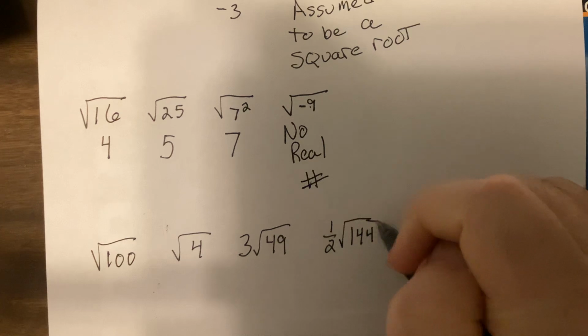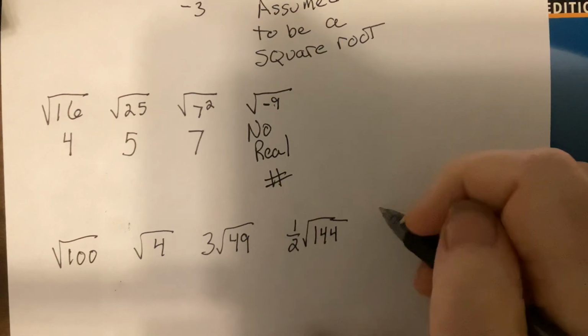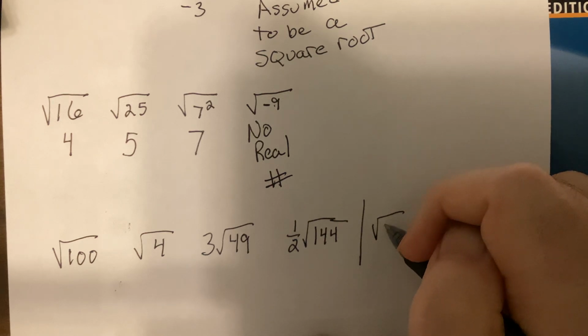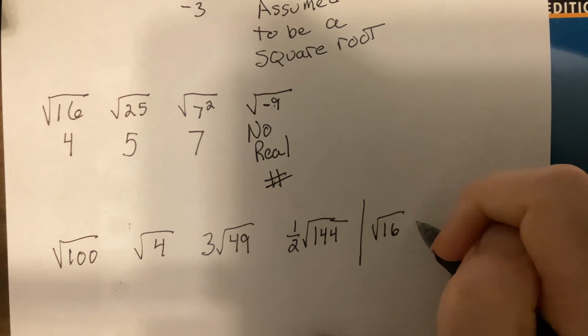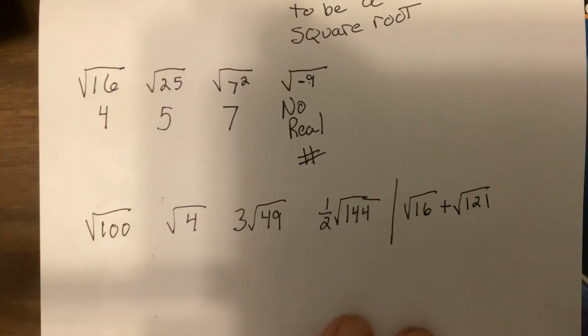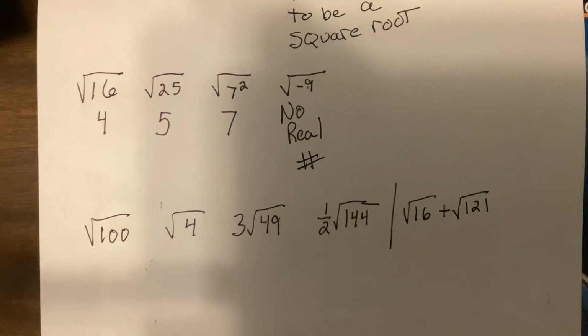That's a tricky one. And last one, square root of 16 plus square root of 121. Do those right now and then turn me back on when you're done.